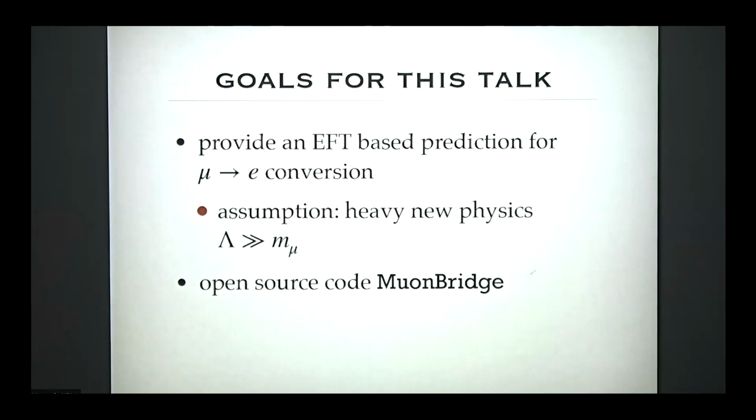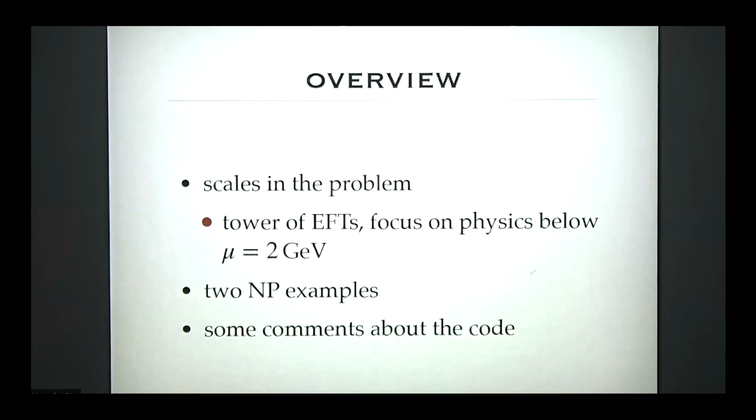So what's the goal? I assume heavy new physics, so the scale of new physics will be very large, much above the muon scale. Then I'll walk you through how we use the EFTs, and at the end there's light at the end of the tunnel, which is this open source code that you can use to get the predictions.